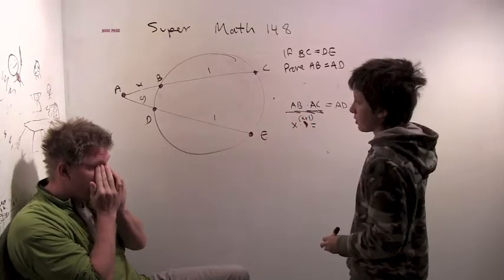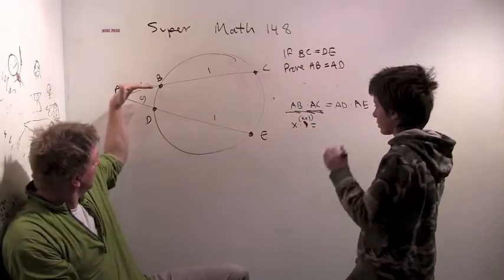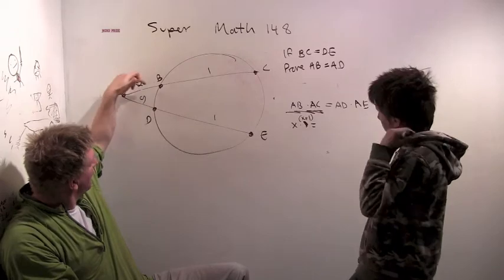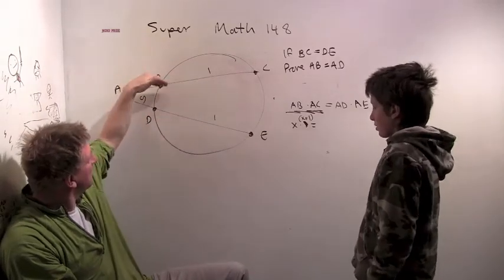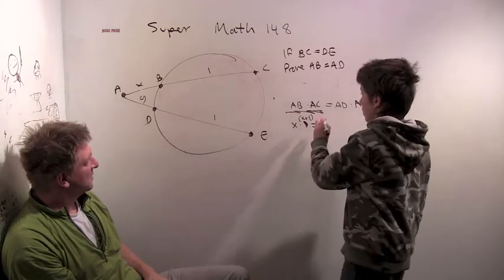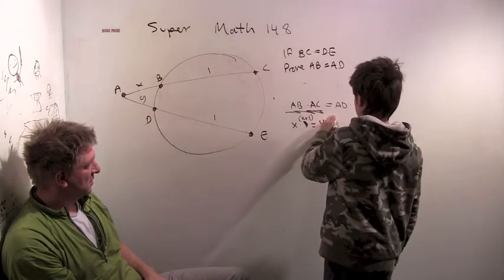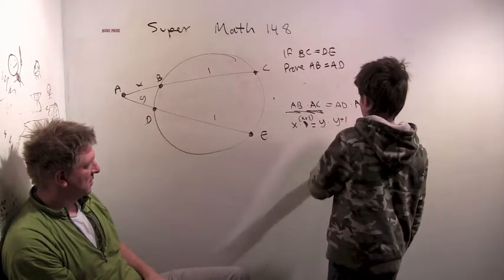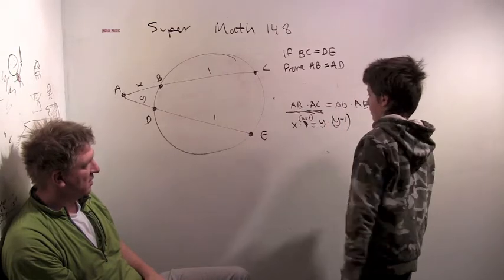That's very important to remember. It's not AB times BC. It's AB times AC. So it's x times (x plus 1) equals y times (y plus 1). Great.